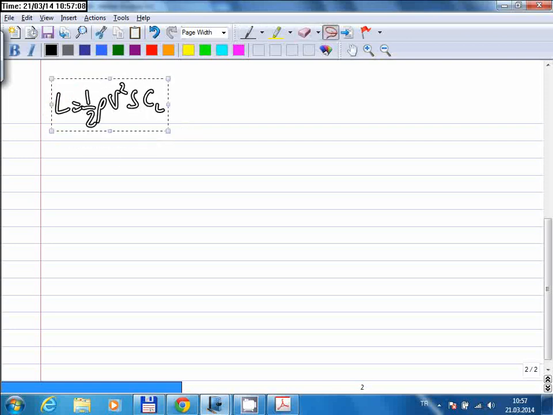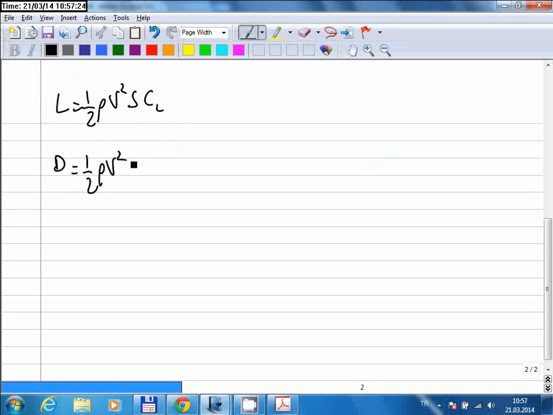I'm not going to give you this equation, and you will need to use it. It's a very simple equation. Similarly, drag should be 1 over 2 rho V squared S times CD. And the pitching moment should be equal to 1 over 2 rho V squared S times C bar times Cm, where we use C bar for pitching moment.